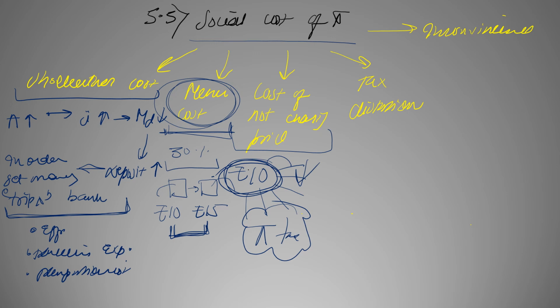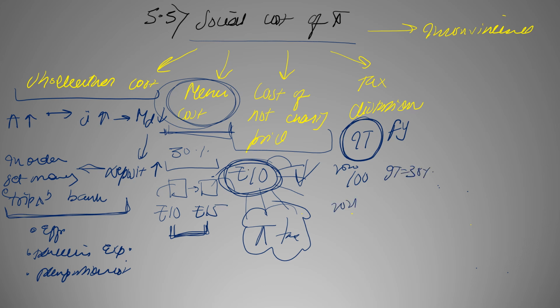Then we have tax distortion. We all know that income tax is filed in basically the last period of a financial year, and taxes do not take inflation into consideration. Which means if you earned 100 rupees in 2020 and your income tax was say 30%, you're supposed to pay 30 rupees.